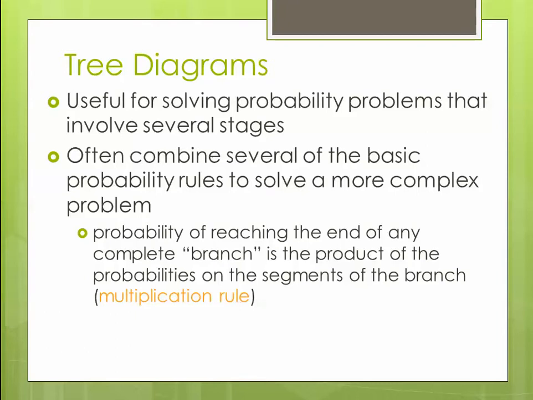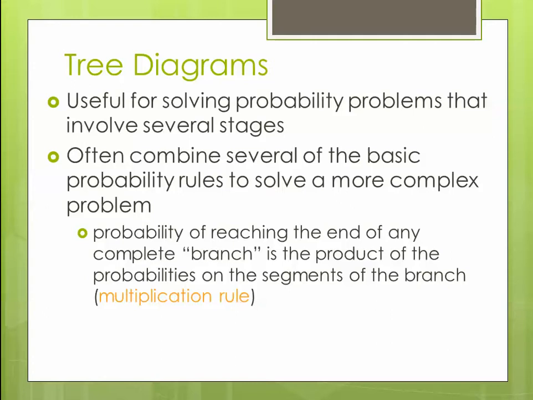And we're going to have these branches of the tree. And we're going to multiply the probabilities on the segments to get to the end. And you'll see how this looks. But that's the basic notion of a tree diagram. We have the probability for each of the segments we can figure out. And then we just use the multiplication rule to get us to the end and to figure out our probabilities of reaching the end of any branch.